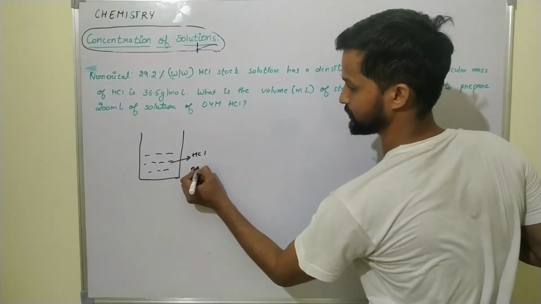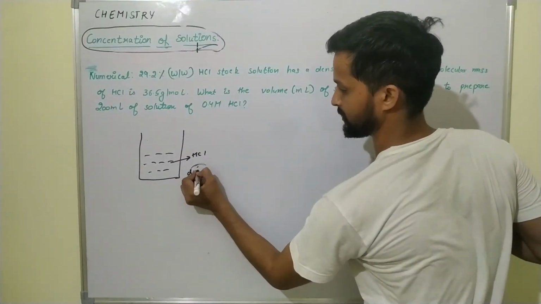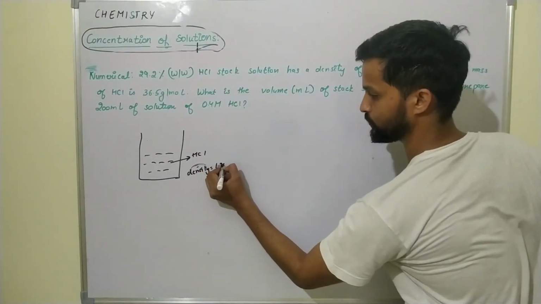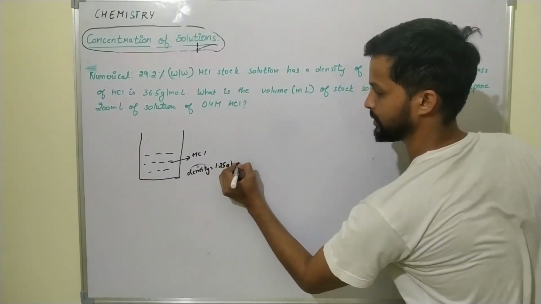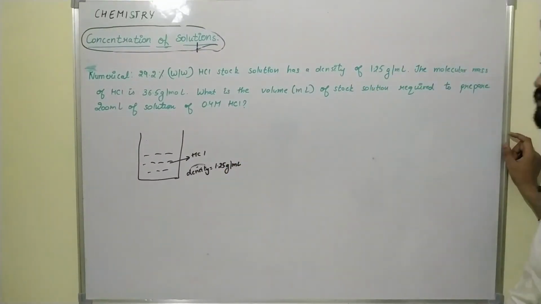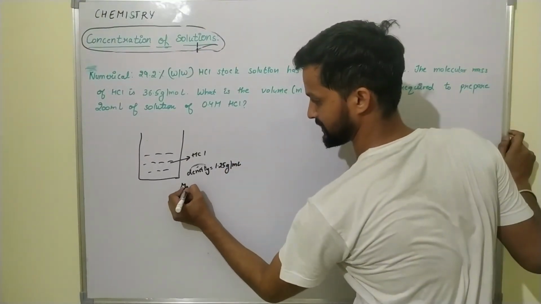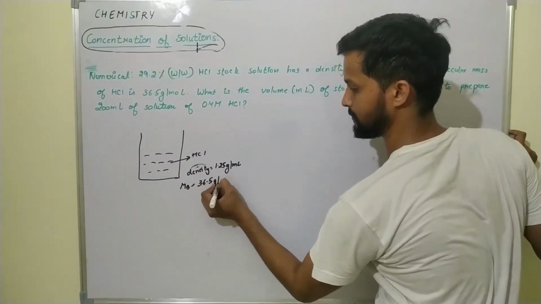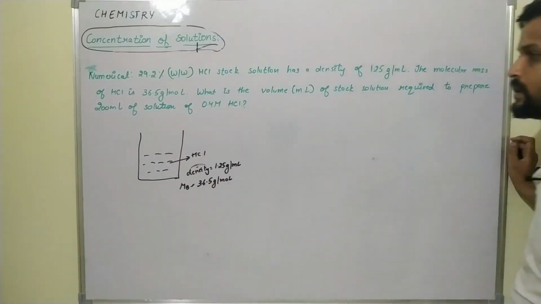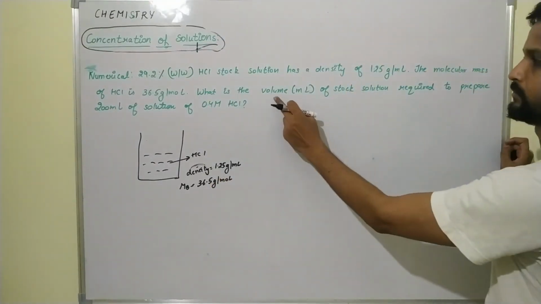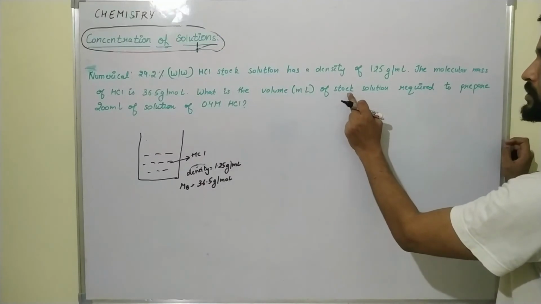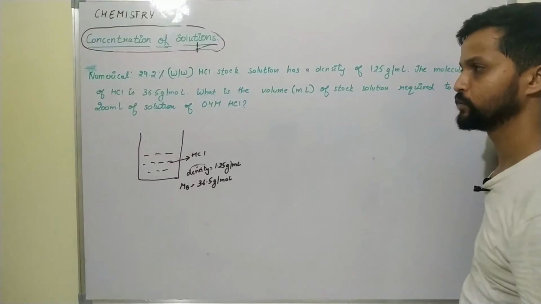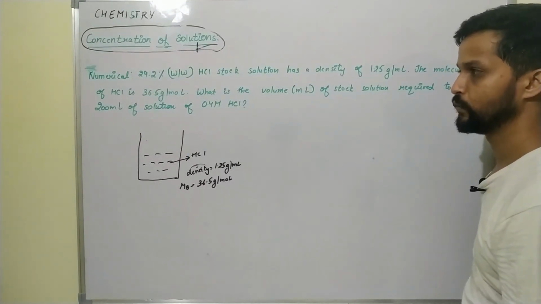Here density is rho, we can write directly, density is 1.25 gram per milliliter. Molecular mass of the HCl is given here as Mb, which is equal to 36.5 gram per mole. What is the volume, means in milliliter, of stock solution required to prepare 200 ml of solution of 0.4 M HCl?